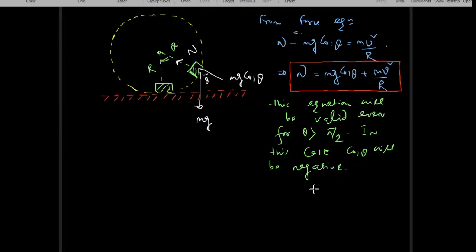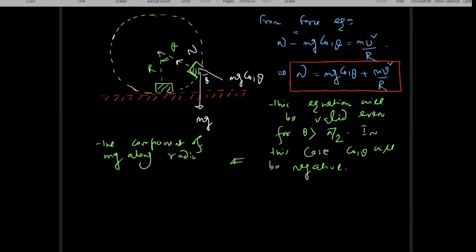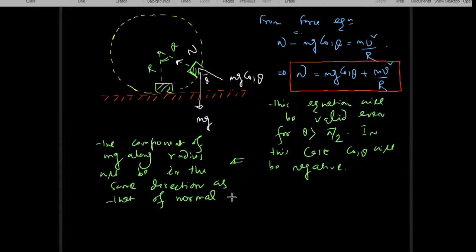cos theta will be negative. And what is the significance of cos theta being negative? The significance is that the component of mg along the radius will be in the same direction as that of the normal reaction.